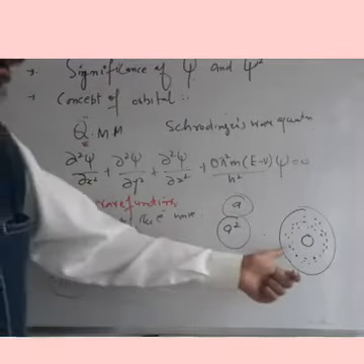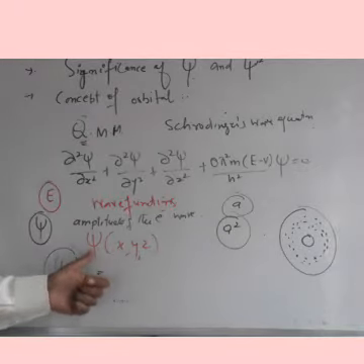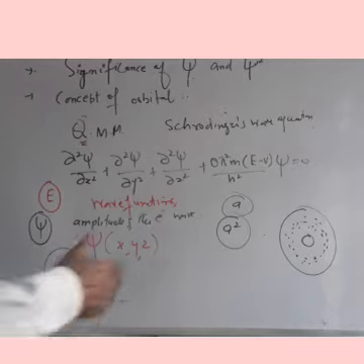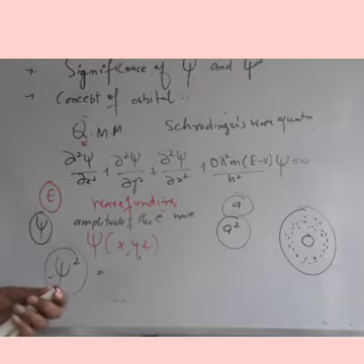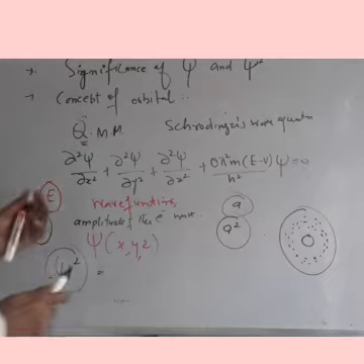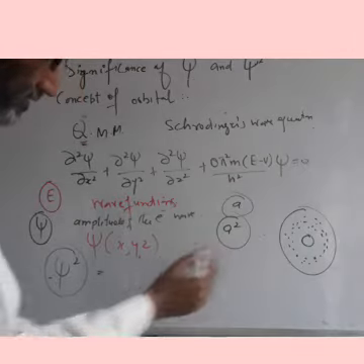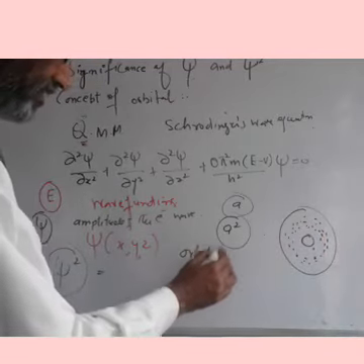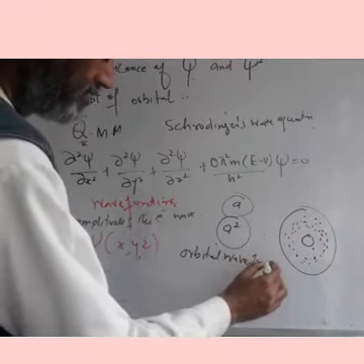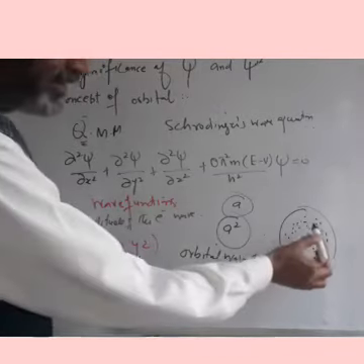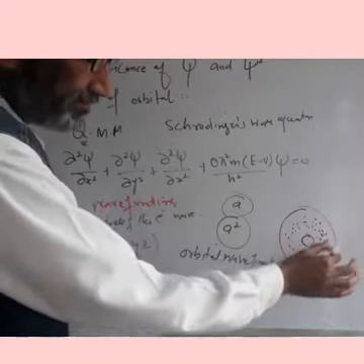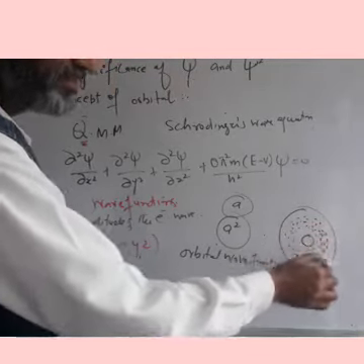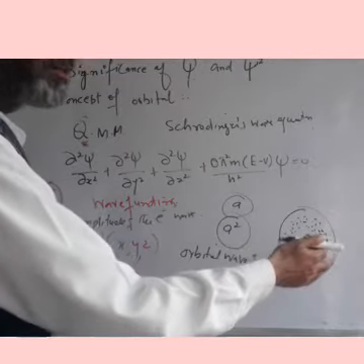That is why the wave function of an electron is also called orbital wave function. यानी इस ऑर्बिटल को हम कभी बोल सकते हैं ऑर्बिटल वेव फंक्शन भी. I will repeat it: the region around the nucleus which represents the electron density at different points is called an orbital.